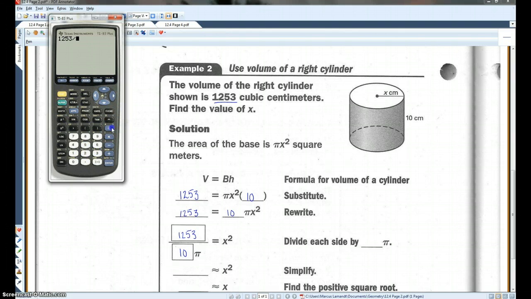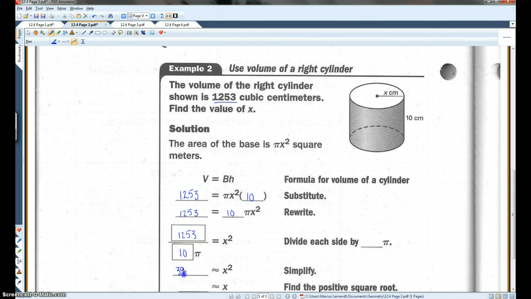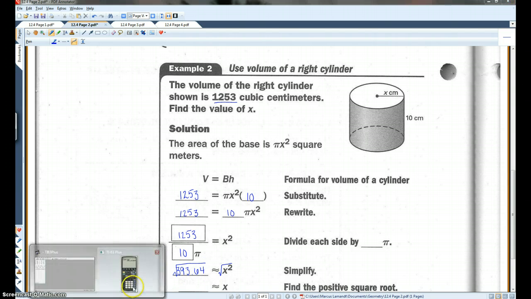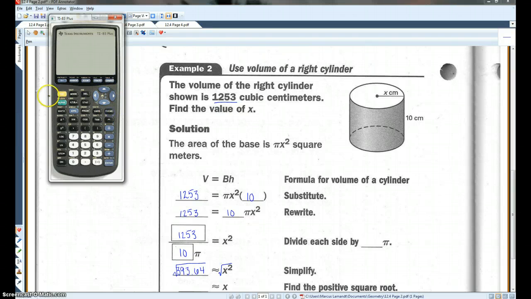1253 divided by 10 pi. 393.64. And then we can take the square root of both sides to find x. Oops.